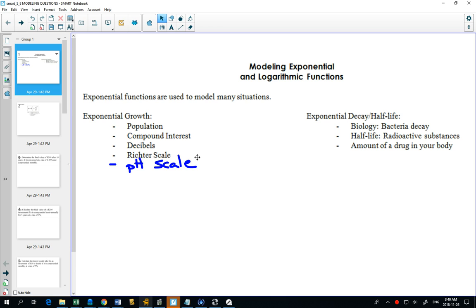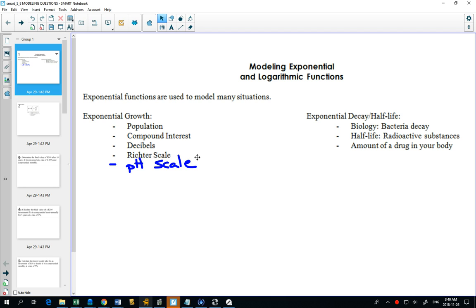Okay. So we've got population, compound interest, decibels, Richter scale. For example, we'll do some examples with the Richter scale and decibels, but what happens with the Richter scale is every time you go up by one, so they say one earthquake is a 6.2, another earthquake is a 7.2, well, that 7.2 is quite a bit bigger than the 6.2.